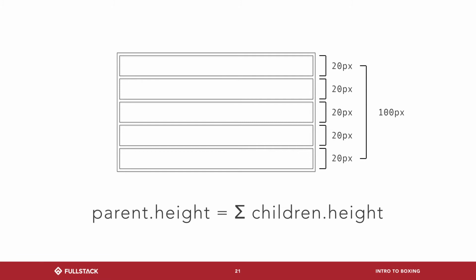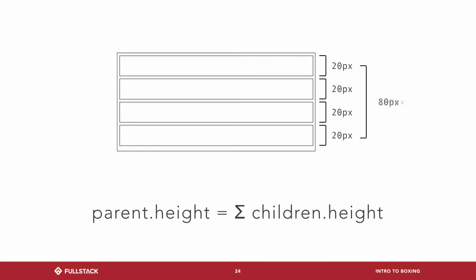You can also tell parents to flow their children using flex rules, which give you more control and are generally preferable, or using grid rules, which give you crazy amounts of control at the cost of being more complicated. But with the default rules, if I have these 5 boxes in a parent, it'll be the sum of their heights. If I lose one for whatever reason, then the parent will shrink to fit.